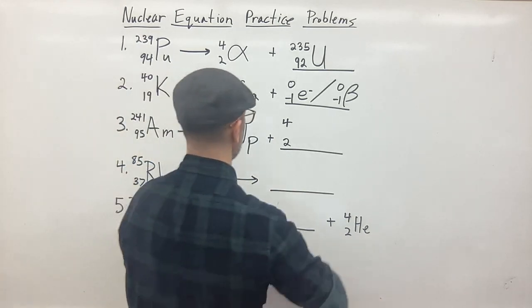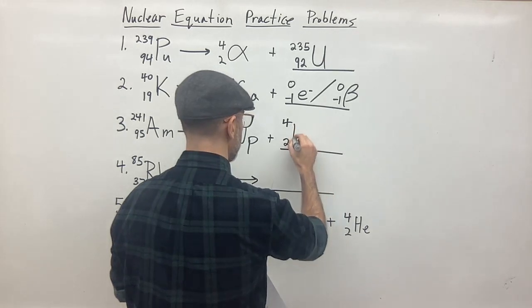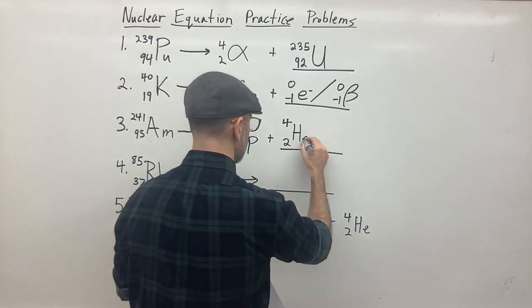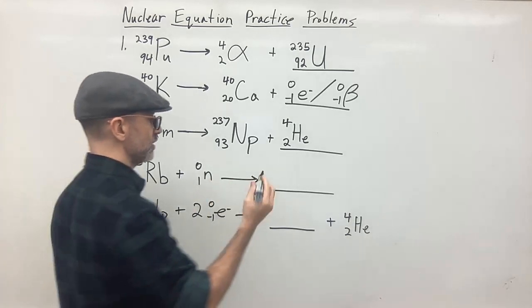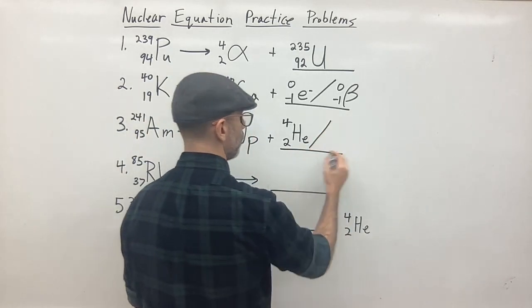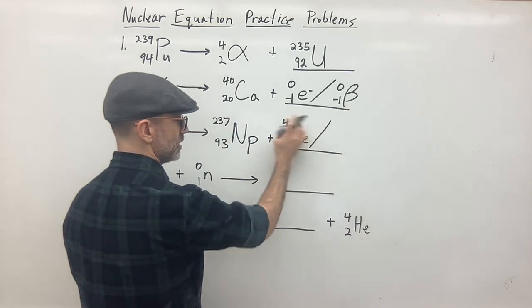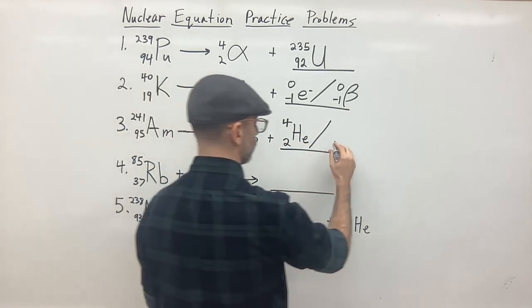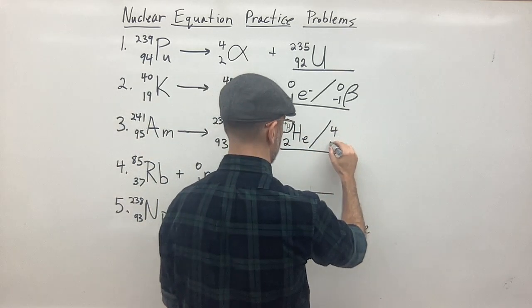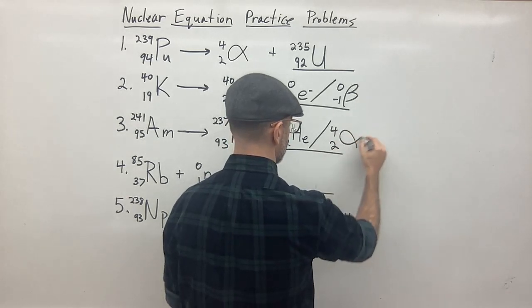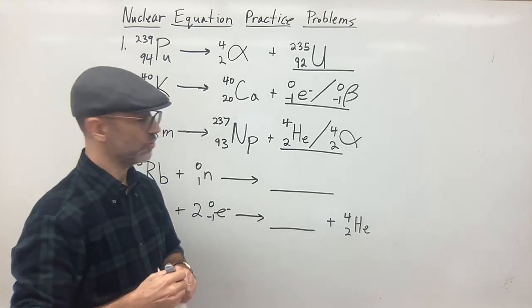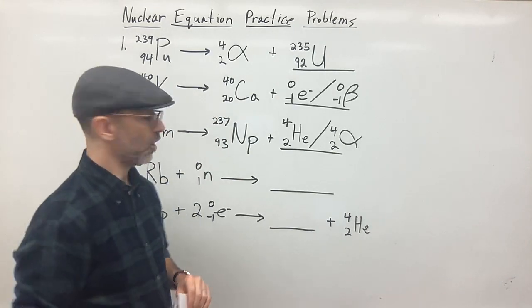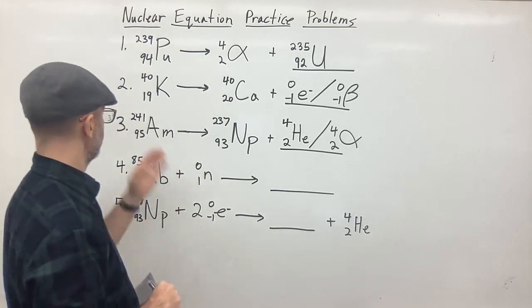And what do we call a helium nucleus? It's called an alpha particle. So this is an example of alpha decay, and we could either use this symbol for an alpha particle, or just use your alpha symbol. So that's it for number 3.